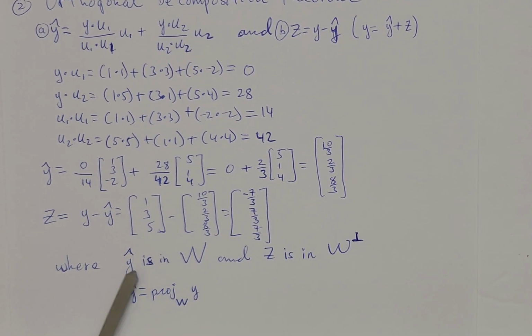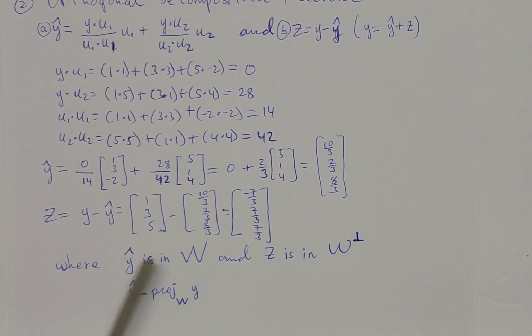And Y hat is in W, and Z is in W perpendicular. This little symbol means perpendicular. So Y hat is in W, and Z is in W perpendicular.